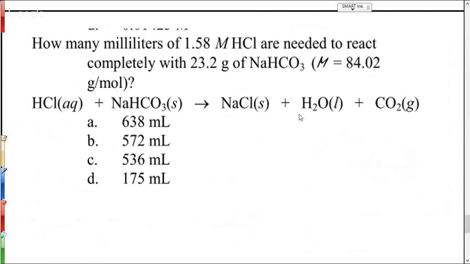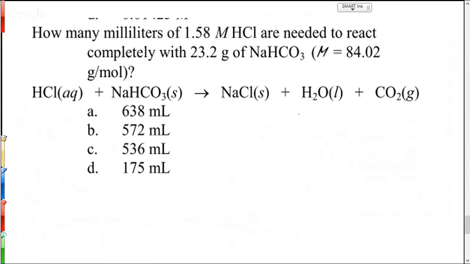So the beginning of this type of problem starts just like the other ones. We convert grams to moles and figure out how many moles we have. So 23.2 grams of NaHCO3, we're going to go from grams to moles.